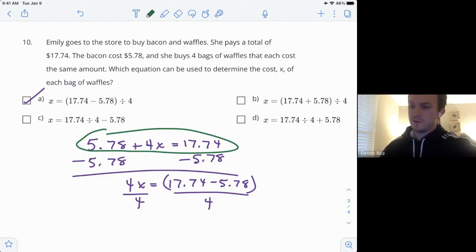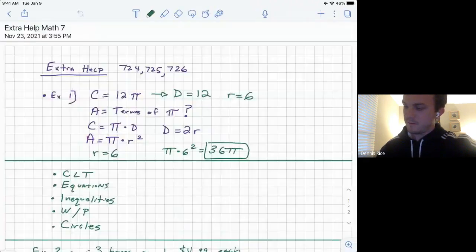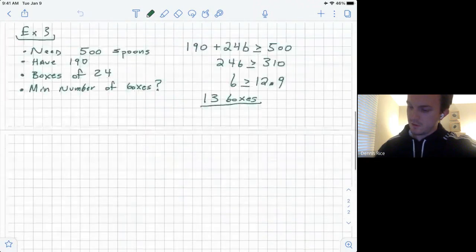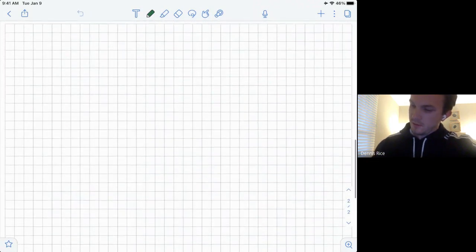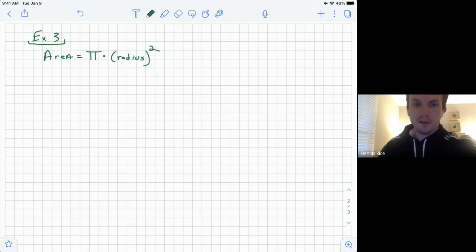Area of circles. Okay. So let's try a circle. First of all, we know the area formula, right? Pi times, I'll write it out, usually you just say r, but r squared or radius squared.